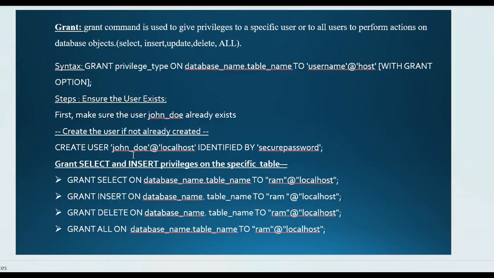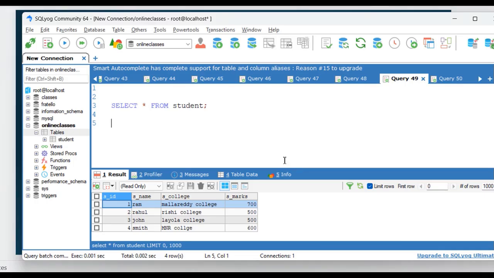Here you can see: create user username @ localhost identified by a secured password. So give create user, then the username, the user for whom you are giving the permissions. So John @ localhost, and identified by some password.